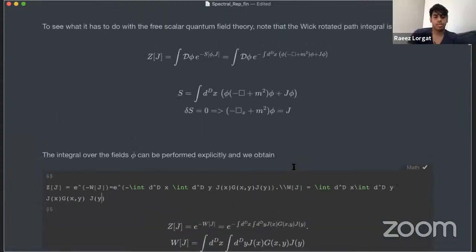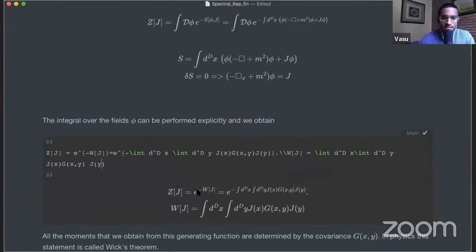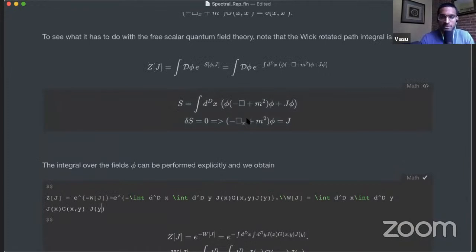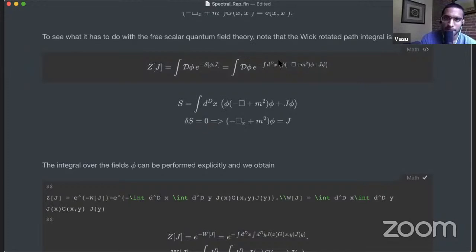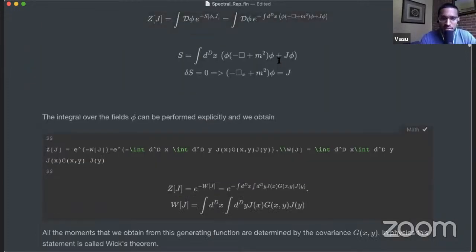Now, what is the idea here? The idea is that this quantity, thought of statistically, is the moment generating function, right, for this field theory. So this is some multivariate Gaussian integral, right? Basically, one Gaussian integral per point of space, if you'd like. And therefore, it's determined entirely by its covariance matrix, which is what G is.